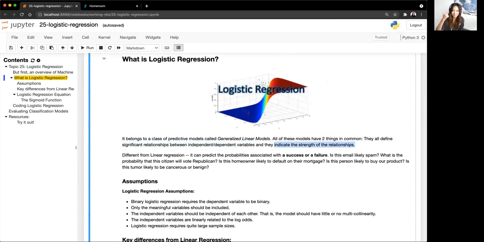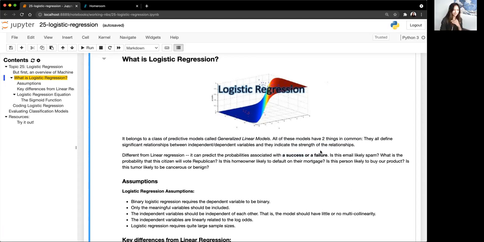Strength by order of significance with your p-values, but also literally the relationship itself: the magnitude of your coefficient. Again, different from linear regression, it can predict the probabilities associated with a success or a failure, so probabilities associated with a binary outcome.